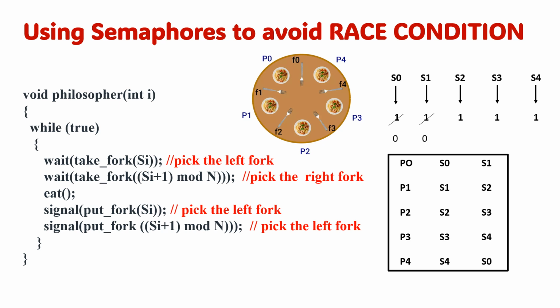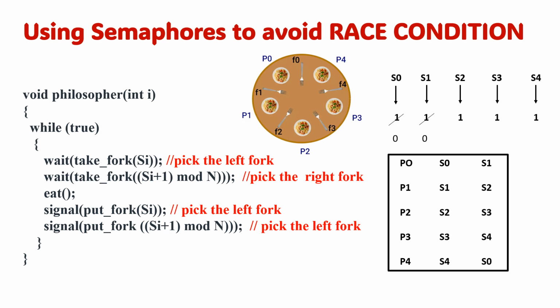You can say that we can use a mutex also, but in a mutual exclusion environment, only one process can enter into the critical section. But here by using semaphores, two processes can enter into the critical section and both of them can eat together if both are independent of each other.